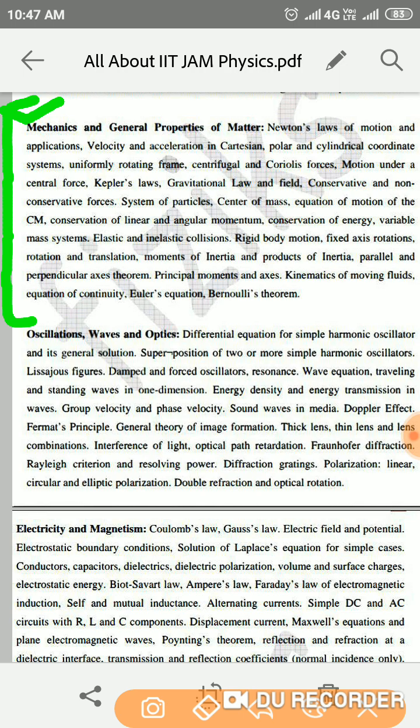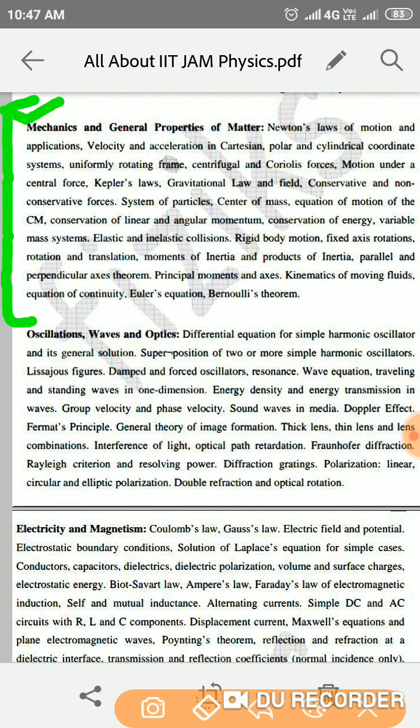And then motion in a central force is also very important. Then topics from gravitation like Kepler's law, gravitational law and field. Conservative and non-conservative force is also very important. Then center of mass: you should be able to find the center of mass for important quantities like hollow sphere, solid sphere, plane lamina, and all that.